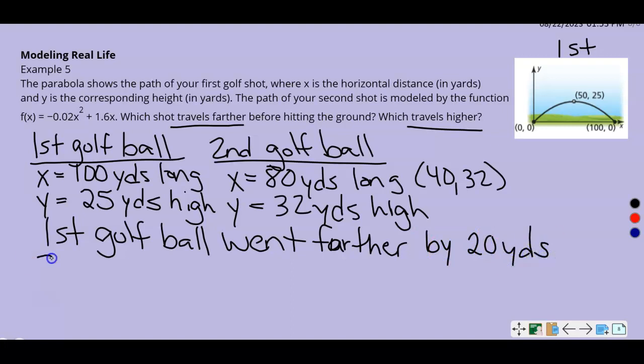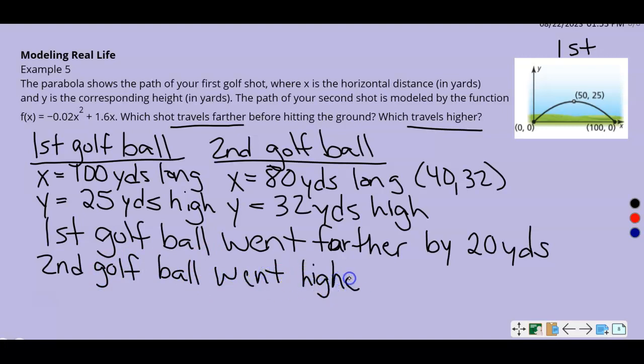And the second golf ball went higher, and 32 yards high is 7 yards higher than the first golf ball. So because 100 is greater than 80, the first one traveled further, and because 32 is greater than 25, the second shot traveled higher.